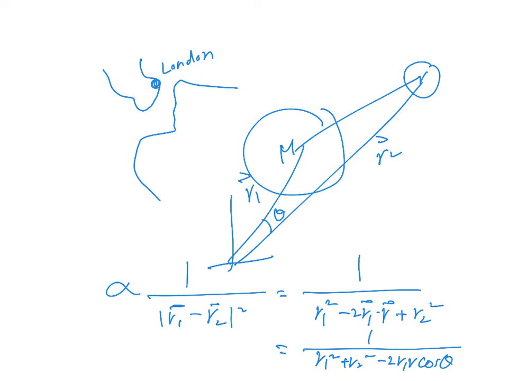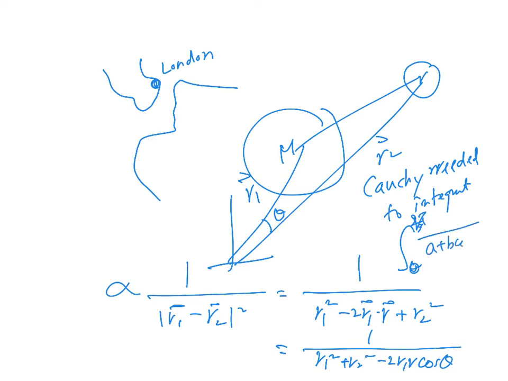So in order to predict the tidal force of London, Cauchy needed to estimate the following form of integral. So Cauchy needed to integrate, from 0 to 2 pi, 1 over (a plus b cosine theta) d theta, because what you need is the average.